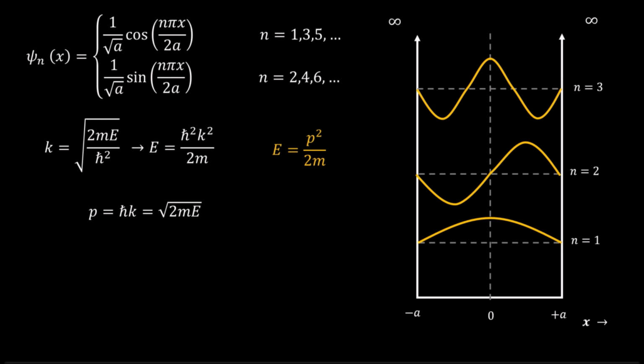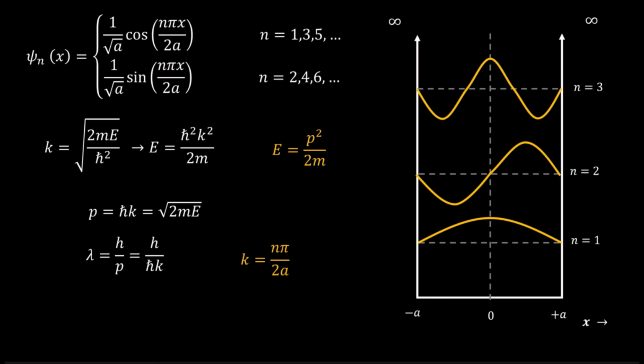Now the de Broglie wavelength is given by the expression λ = h/p, which in this case can be written as λ = h/ħk. For this problem, we have seen that the only possible values that k can have is nπ/2a.